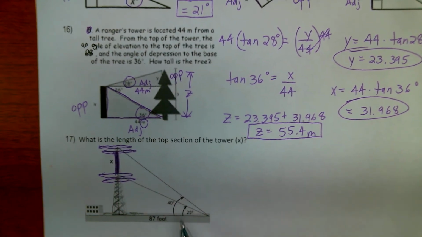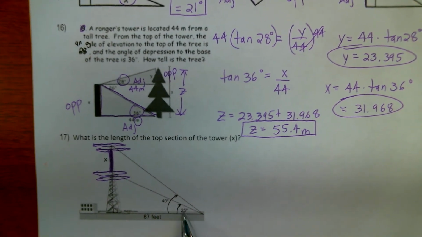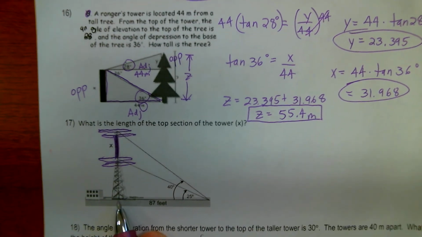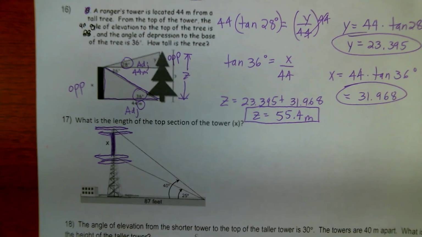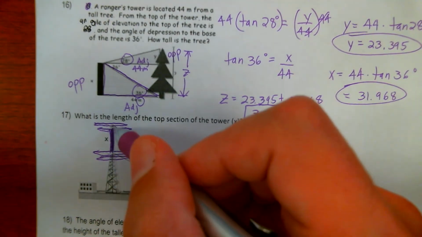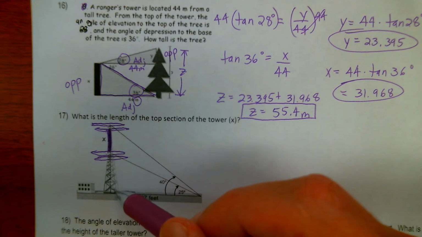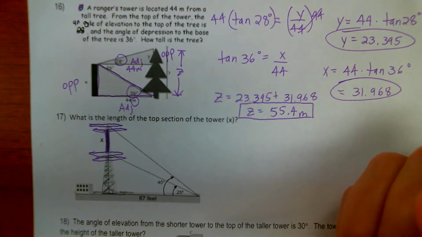So I've got two different angles here. The big angle is 40 degrees. The little angle is 25 degrees. And then I have this ground distance from the person to the base of the tower. We know that's 87 feet. In order for me to find this piece, I'm thinking, if I knew the whole tower and I knew the bottom part of the tower, then I could do the whole tower minus the bottom part, and that would give me the top part, right?